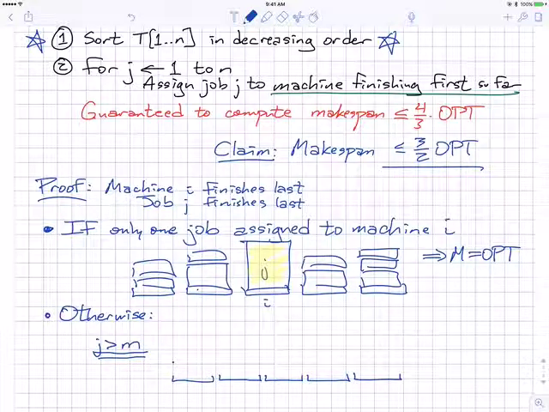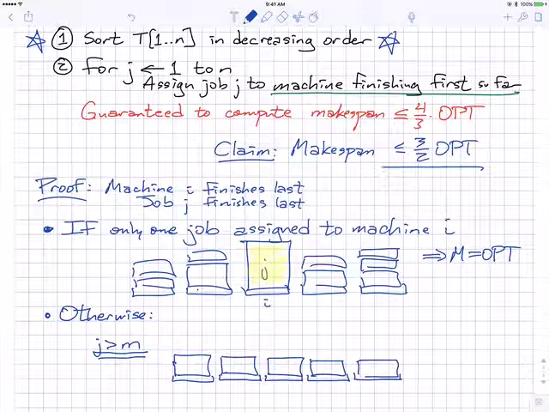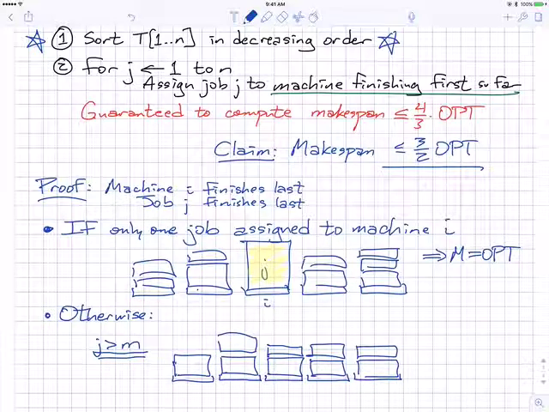So in this case, what my schedule looks like is something like this. Here's job J. This is the one that finishes last, and it's not the only job assigned to machine I.